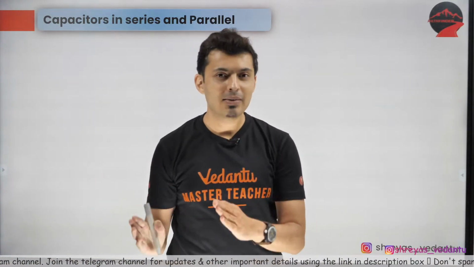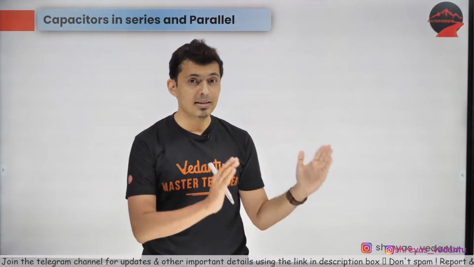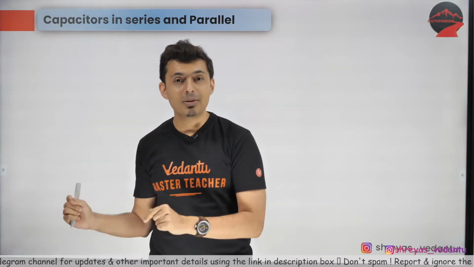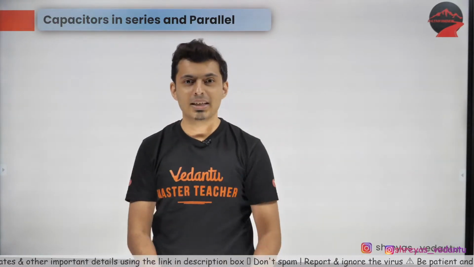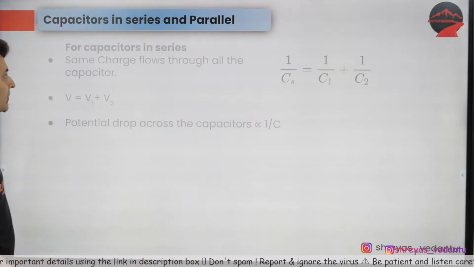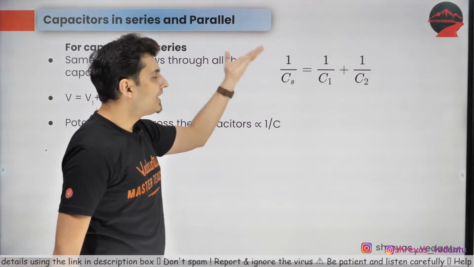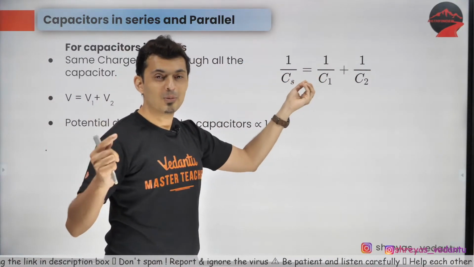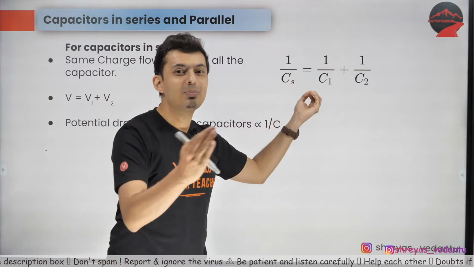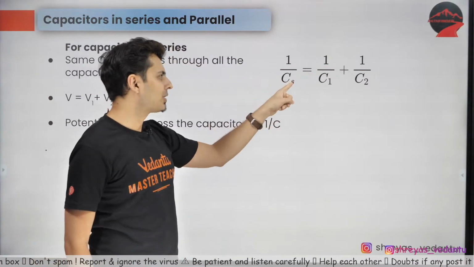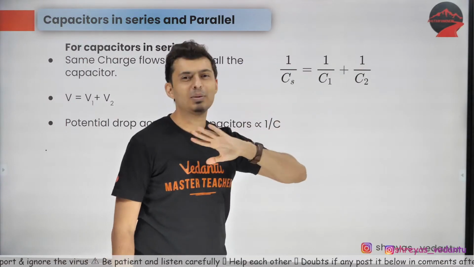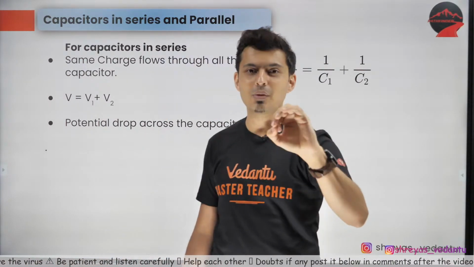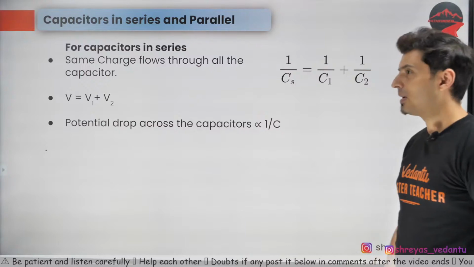We know whenever resistors are in series, then the effective resistance is R1 plus R2 plus R3, right? But when capacitors are in series, then the formula is the formula of resistors in parallel. So exactly opposite. So when capacitors are in series, 1 by Cs is equal to 1 by C1 plus 1 by C2. That's the only change. That's what you need to keep in mind.